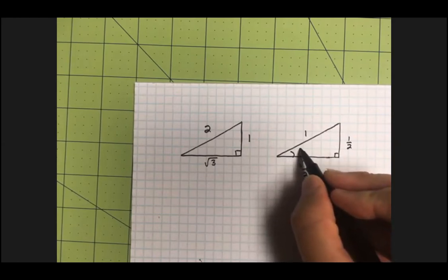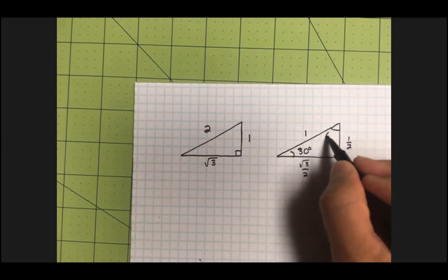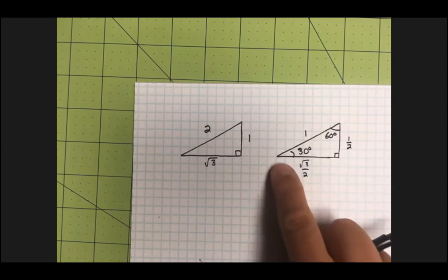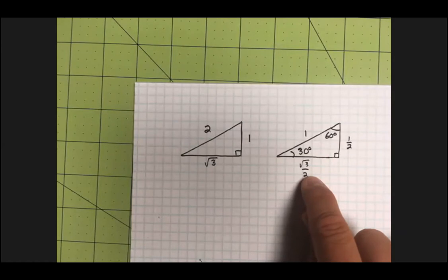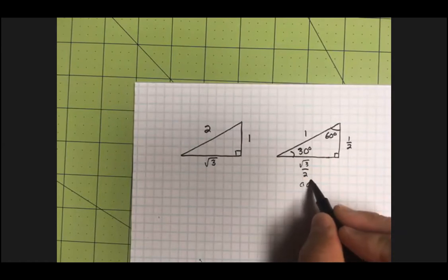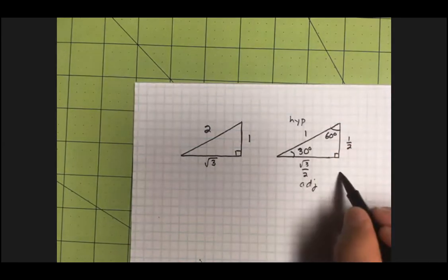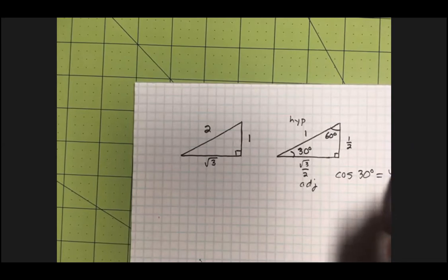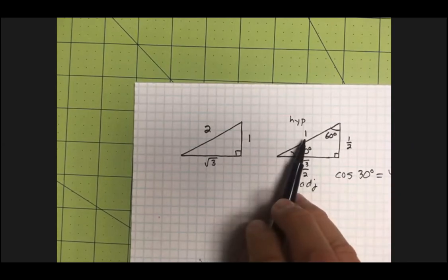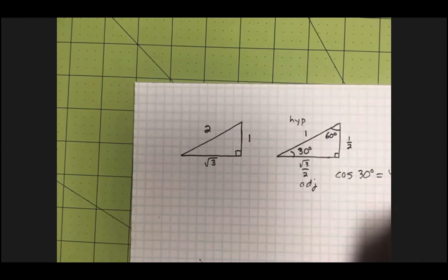And that means for a 30, 60, 90 triangle, the horizontal portion, the adjacent side, over the hypotenuse, which tells us the cosine, is just root 3 over 2. If the hypotenuse is 1, then adjacent over hypotenuse is just root 3 over 2 divided by 1.